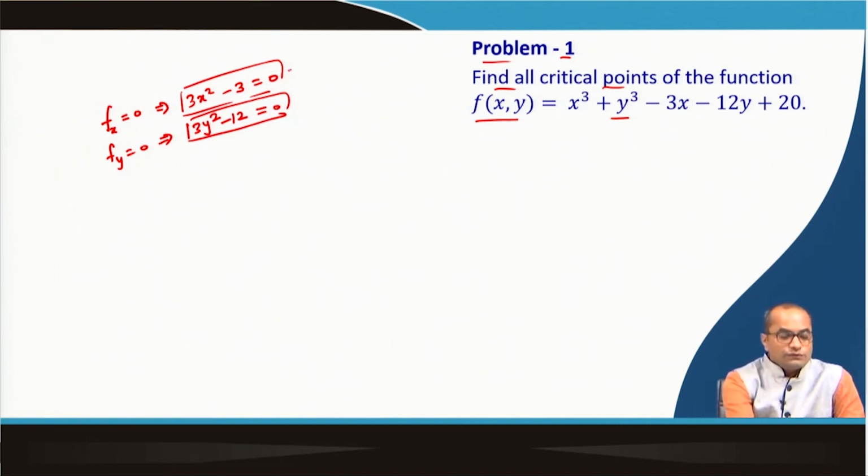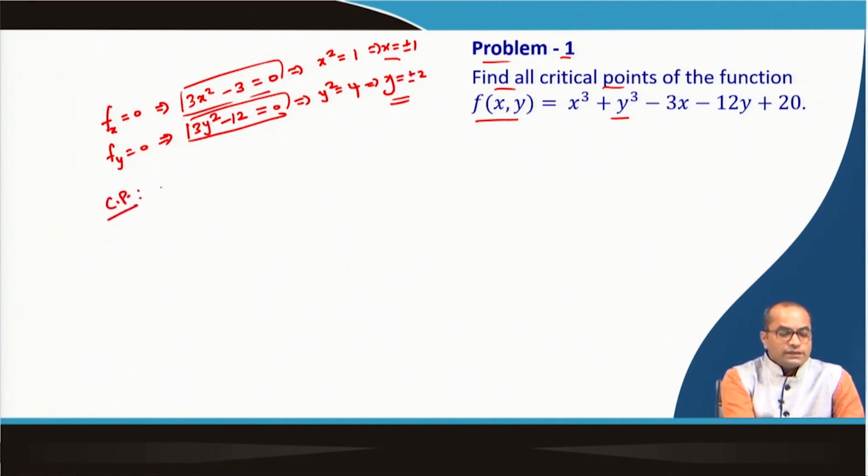From the first equation we got that x^2 should be 1, from the second equation we got y^2 should be 4. So, that means x is plus minus 1 and here y is plus minus 2. So, what are these critical points?